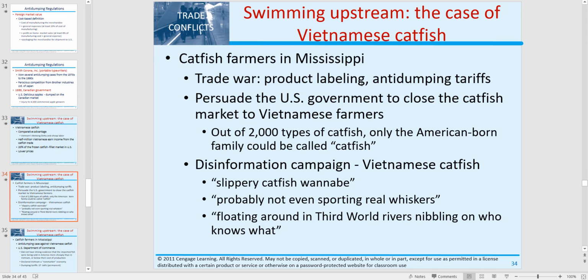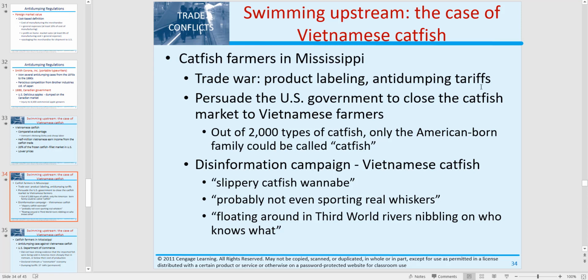Now, the catfish farmers in Mississippi, they were upset because they were suffering losses due to the international competition, and they decided to engage in a trade war. So, forcing to have more detailed product labeling, for example, the country of origin, to appeal to the nationalistic, the patriotic buyer, right?